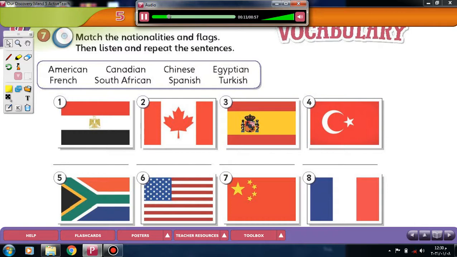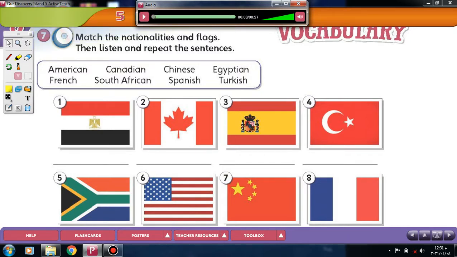Then listen and repeat the sentences. 1, It's the Egyptian flag. 2, It's the Canadian flag. 3, It's the Spanish flag. 4, It's the Turkish flag. 5, It's the South African flag. 6, It's the American flag. 7, It's the Chinese flag. 8, It's the French flag.